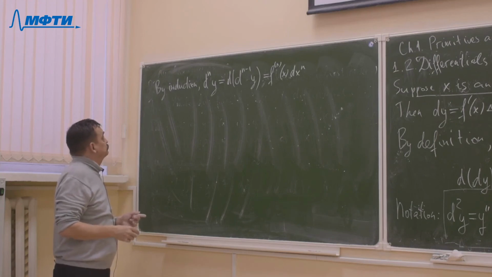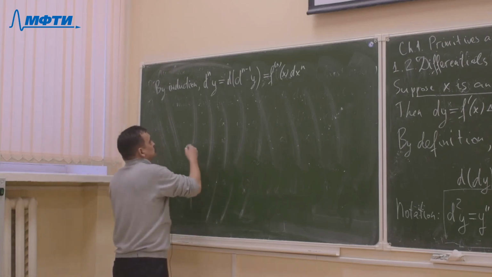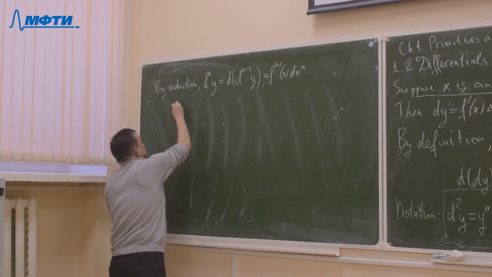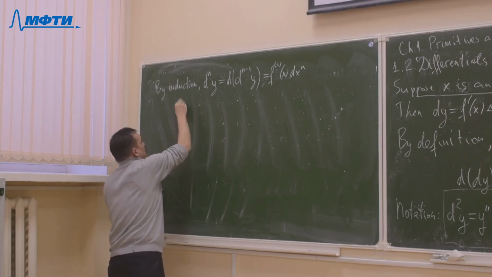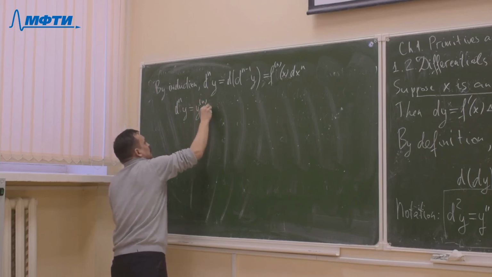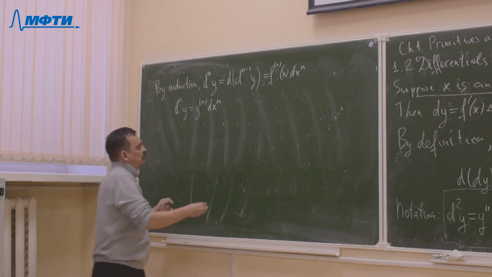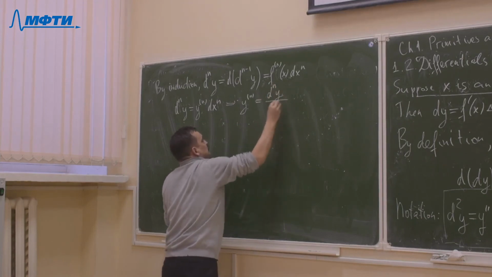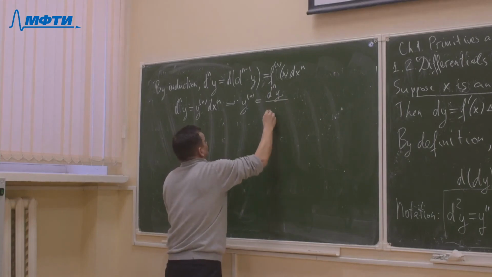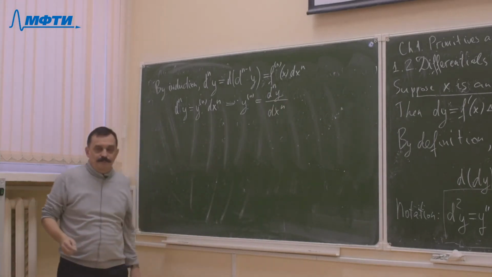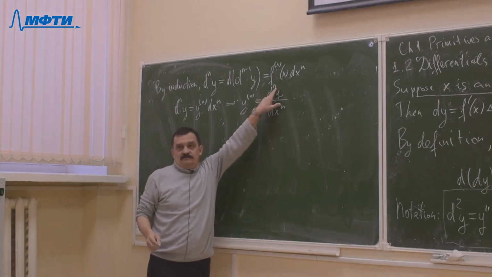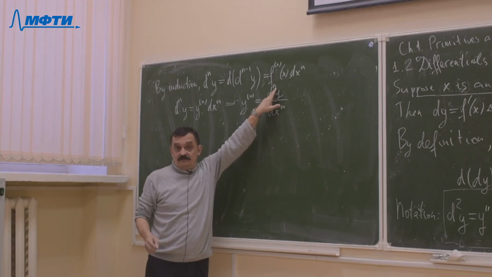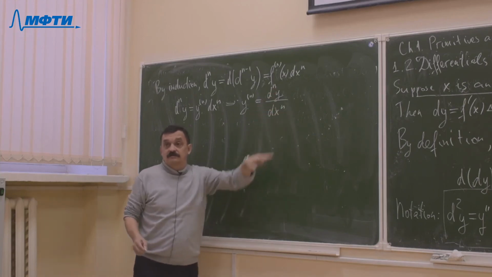And look, another form of notation: d^n y equals y^(n) dx power n, or the nth derivative is d^n y over dx power n. So here it is not a power, that is the order of the differential. That is why the place is different. Here it's just the power of dx.